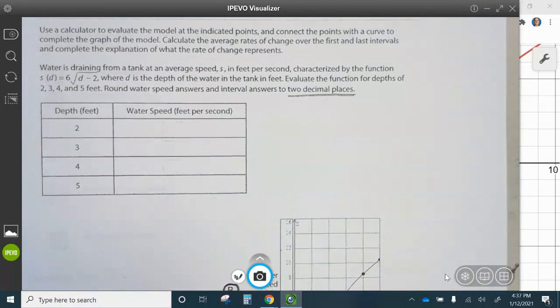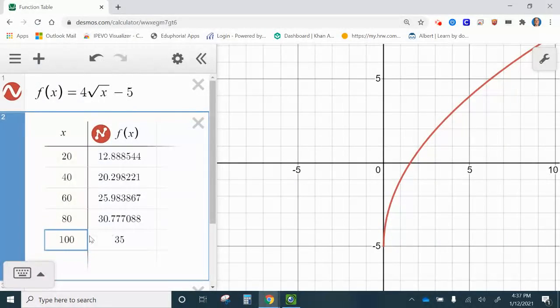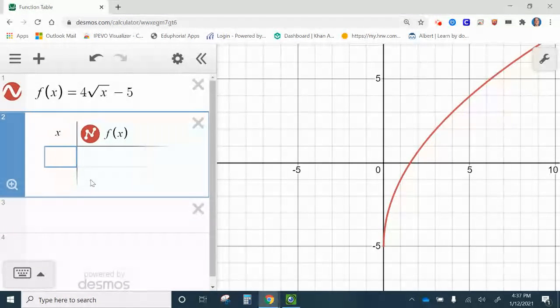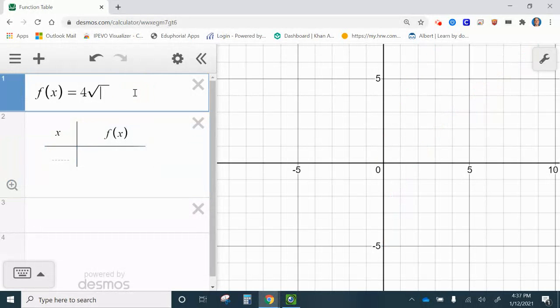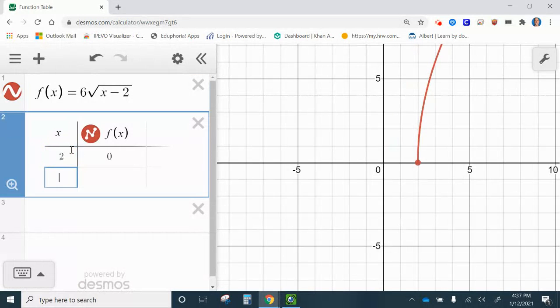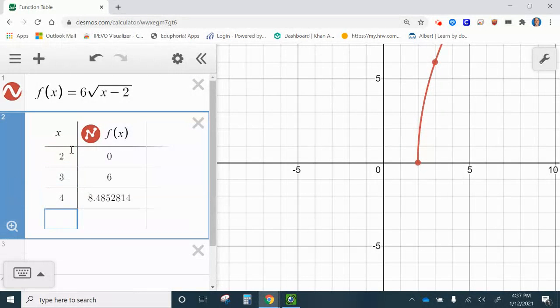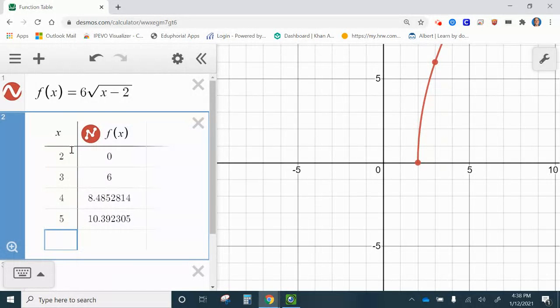Okay, so we're going to go to Desmos graph and table. We're going to delete this, and then we're going to change this to 6 times the square root, and we have to use x instead of d, x minus 2. And then we want 2, 3, 4, 5. So that's 0, 6.